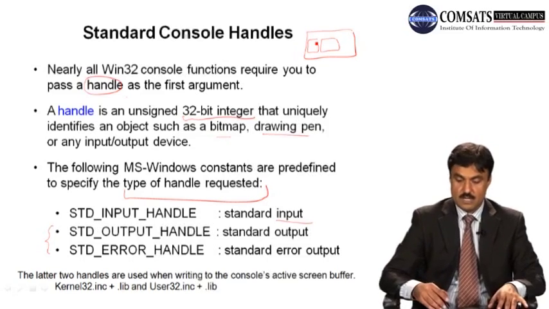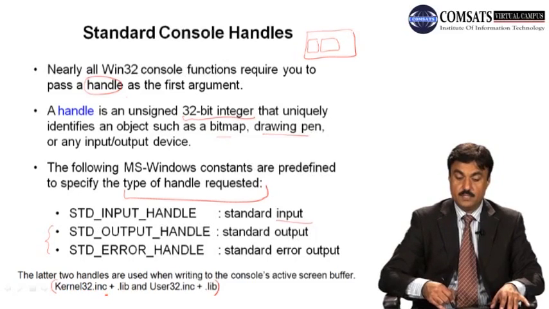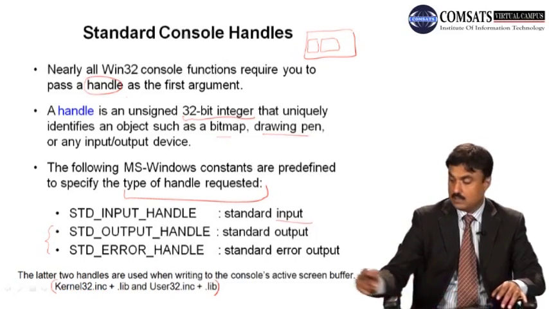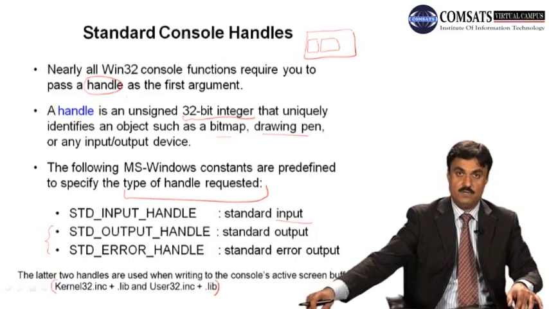So these two will be used. And one thing you must remember here, as you saw in the previous slide, is that we need the kernel32 include and lib and user32 include and lib files if we want to use these Win32 console functions.